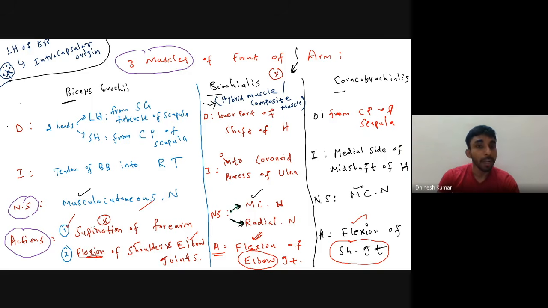Also, although biceps brachii causes flexion of both the shoulder joint and elbow joint, the main action of biceps brachii is supination of forearm. Take care of this very important point.